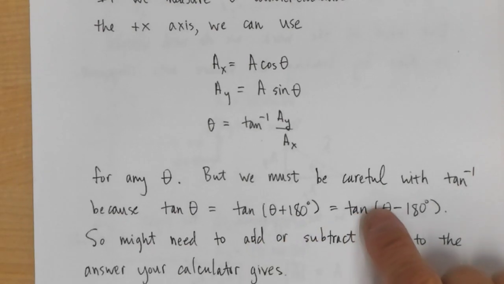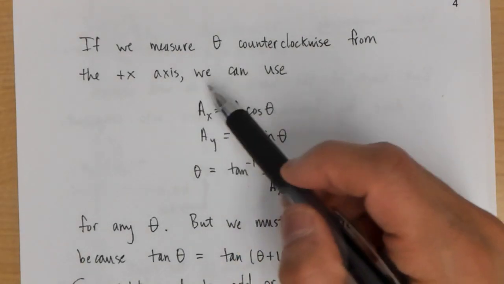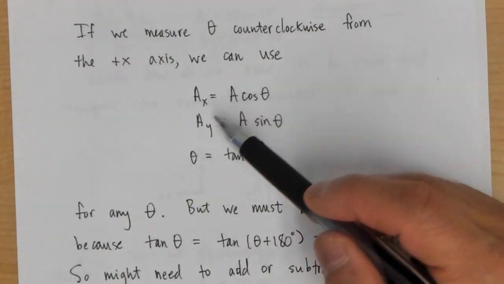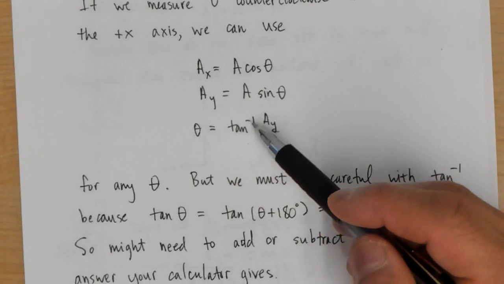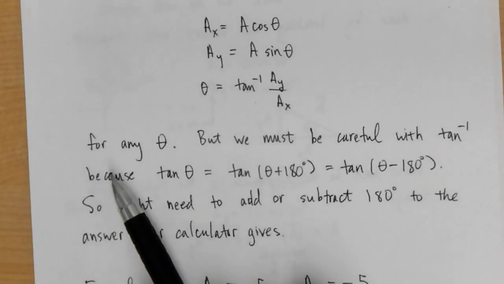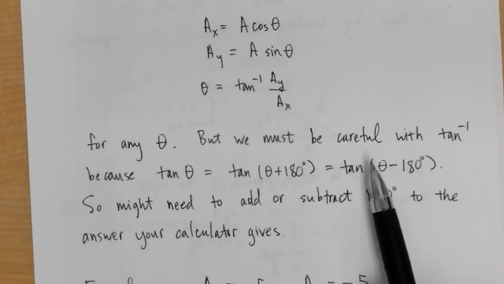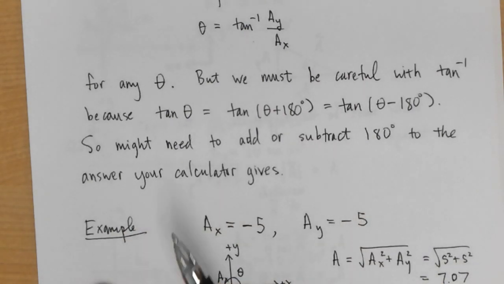So if you measure theta counterclockwise from the x-axis, we can use the simple fact that Ax is equal to A cosine theta, Ay is equal to A sine theta, and theta is the inverse tangent of Ay over Ax. But we must be careful with the inverse tangent, because tangent of theta is equal to tangent of theta plus 180 or tangent of theta minus 180. So you might need to add or subtract 180 to your answer.